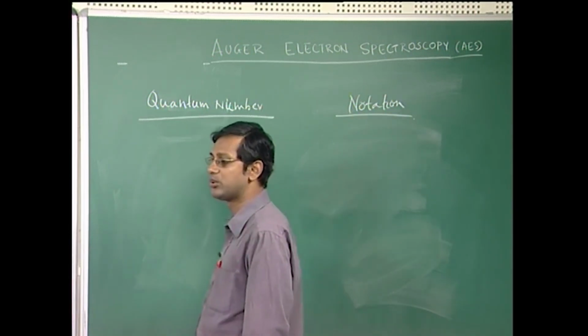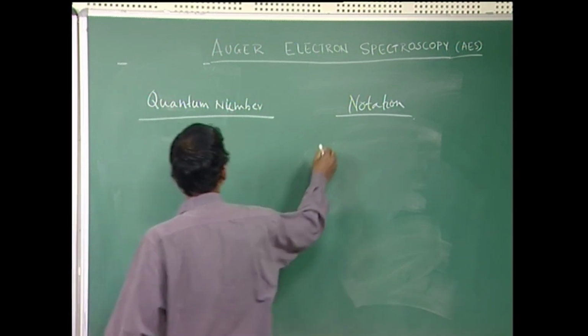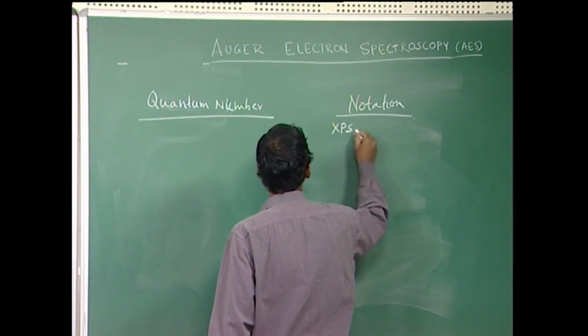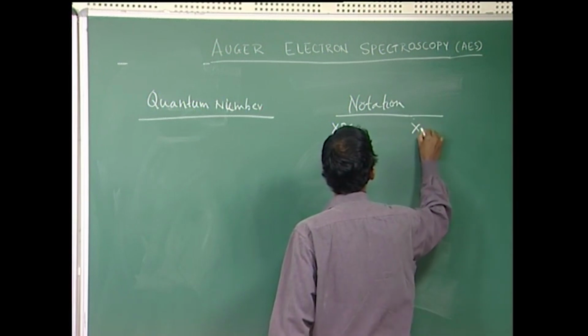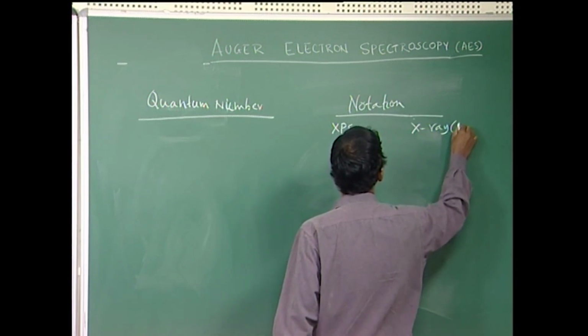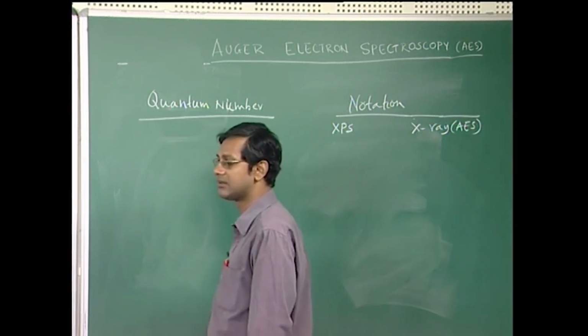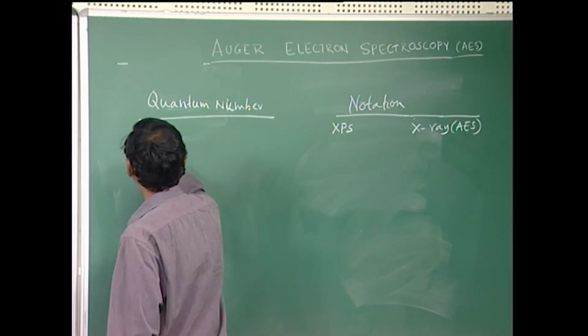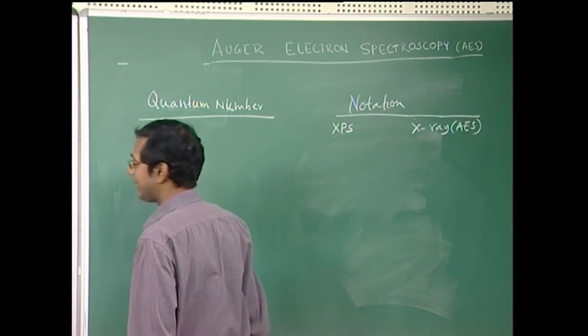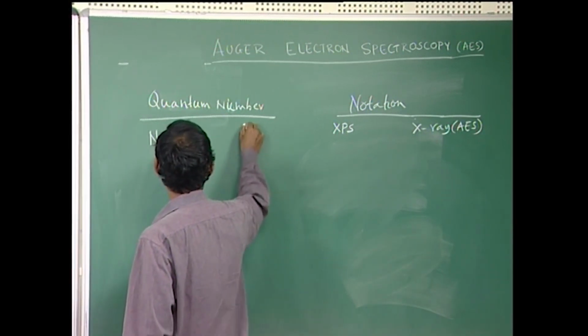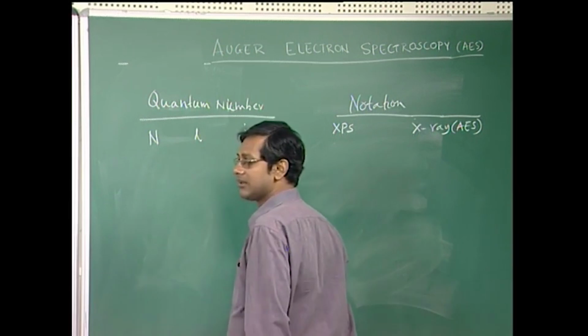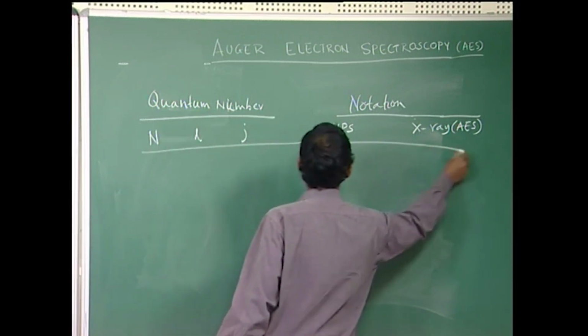We are going to show notations for both XPS and X-ray, which are used in AES. So, the quantum numbers are n, l and j.